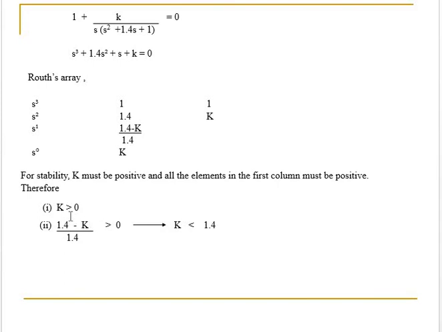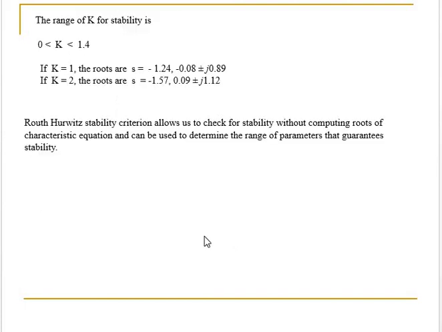Here we get that K is more than 0, and K is less than 1.4. Okay, the range of K for stability is K more than 0 and less than 1.4.